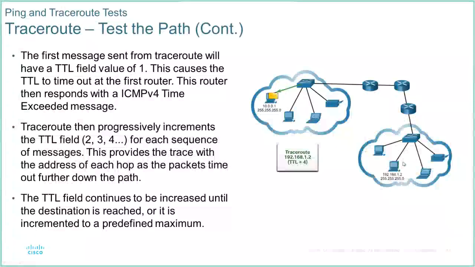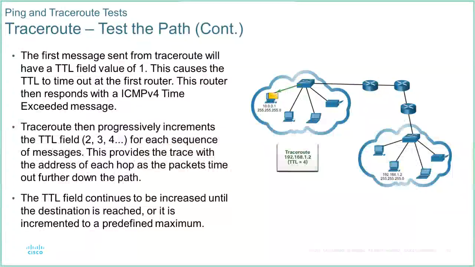If you want to look at how many layer 3 devices it goes through, that's a layer 2, layer 3, layer 3, layer 3, layer 3. So 1, 2, 3. It needs at least a time to live of 4 to get to its destination.